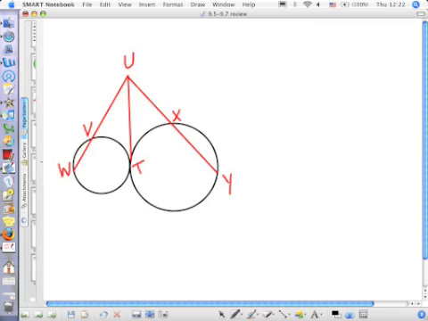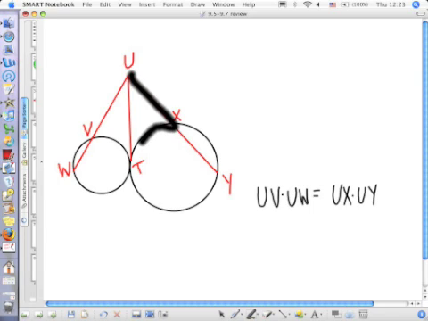Now on number 11, we were trying to prove that UV multiplied by UW is equal to UX times UY. In this section, we learned about the external times the whole thing. What we need to do is focus on one circle at a time.